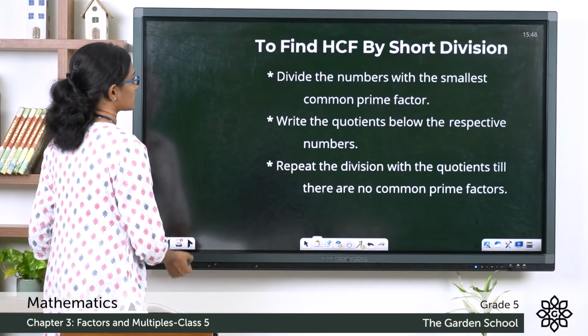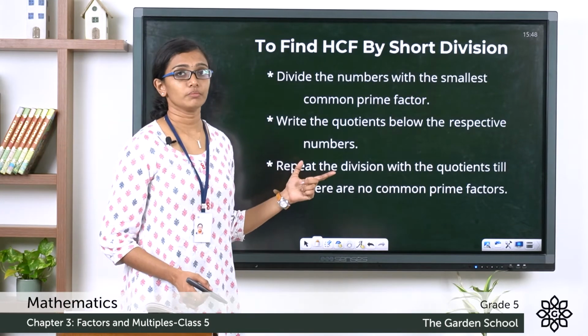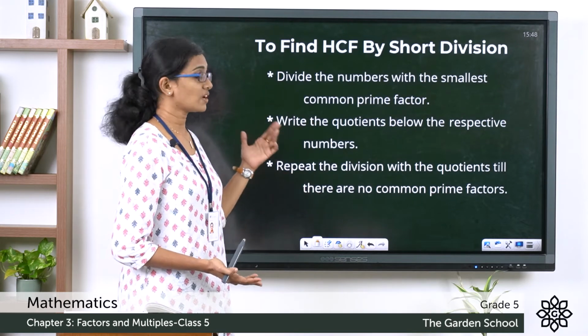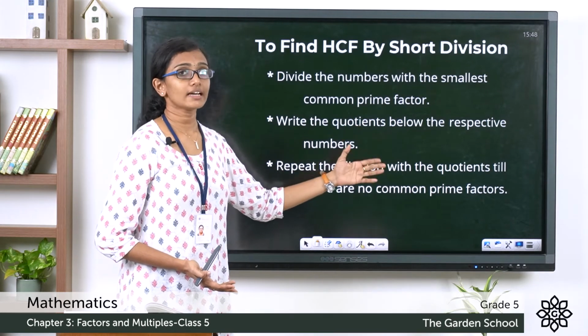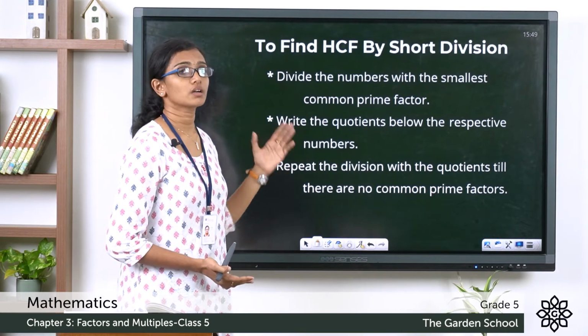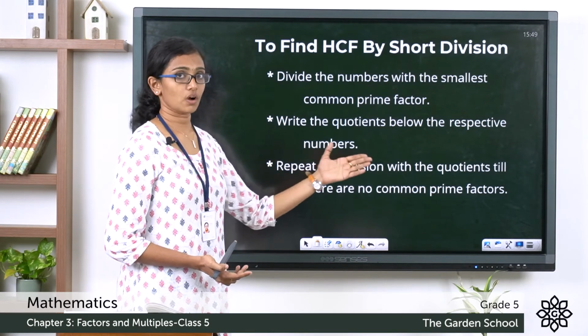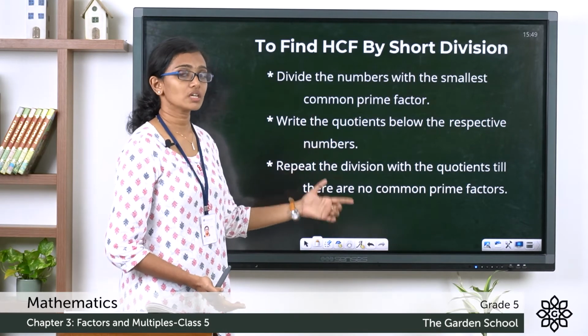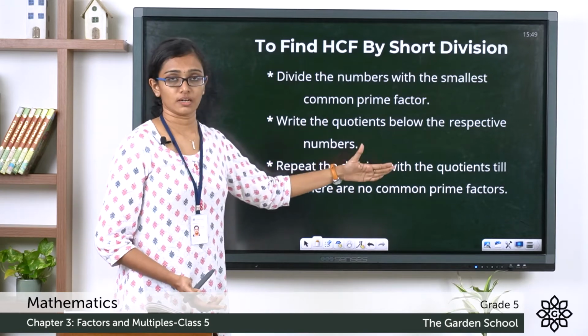The first step is to divide all the numbers, if 2 or more numbers are given. You have to divide all the numbers together with the smallest common prime factor for all the numbers. You get some quotients, and you write those quotients right below the respective numbers.